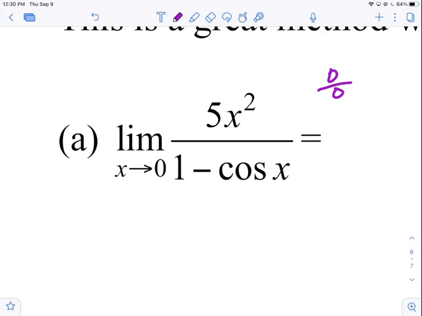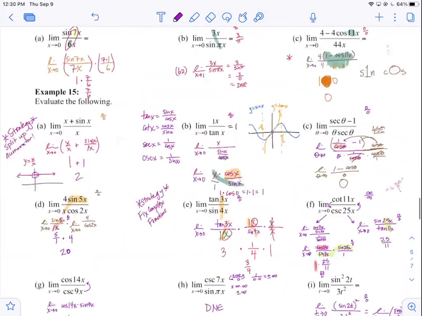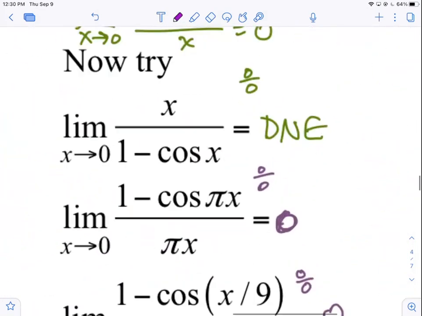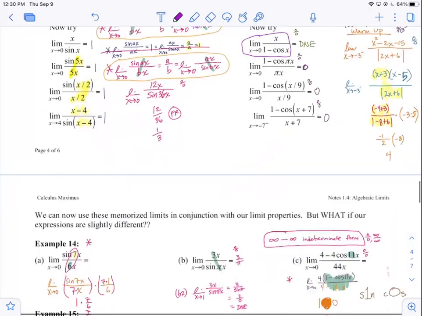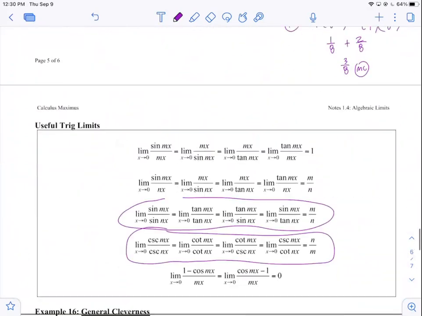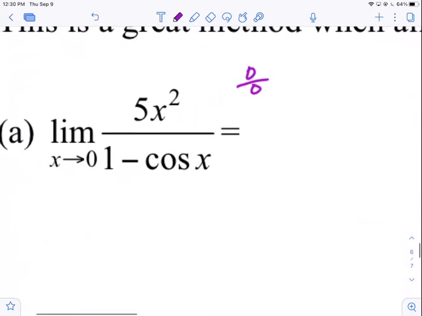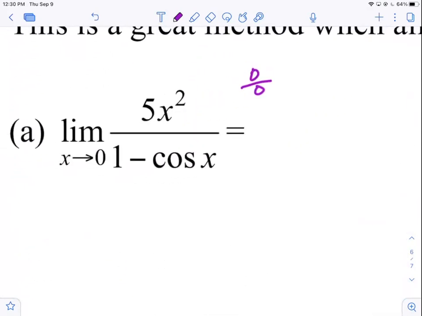Remember that? Let's see what that was. It was right here. We said it was DNE if it was just x over 1 minus cosine of x, because it's some type of infinity. So is this DNE? Well, hang on. Yeah, it's squared. I noticed that too.